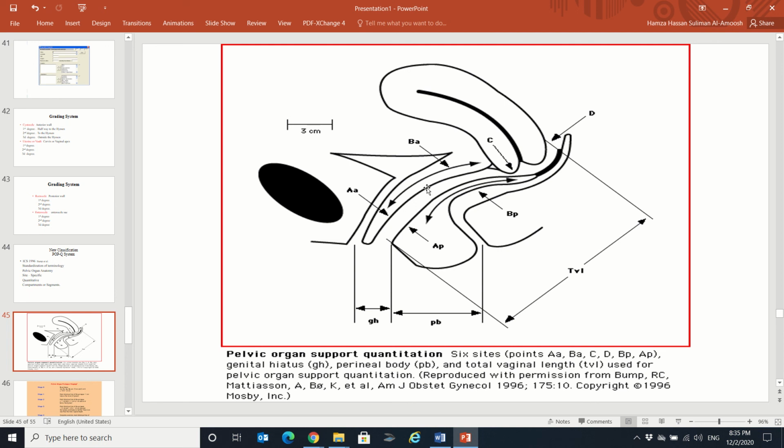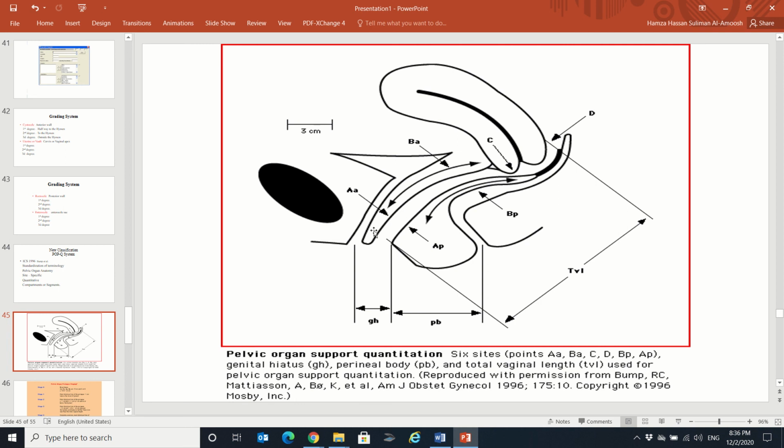Anything above it is described as minus. Minus means above the hymenal ring. Plus means below the hymenal ring. So the cervix should be minus 7 centimeters or above. That's normal. If it's less than 7 centimeters above the hymenal ring, then you start having prolapse. If it goes up to -1, this is first degree.